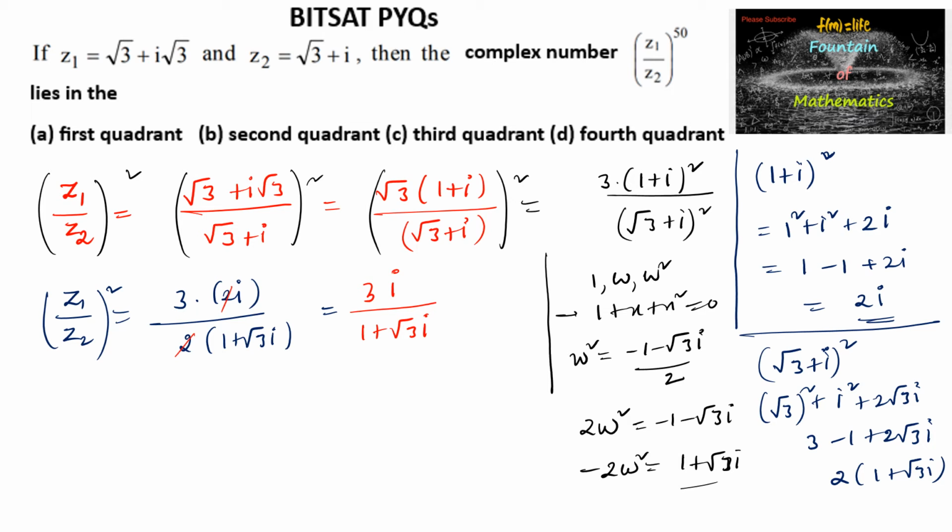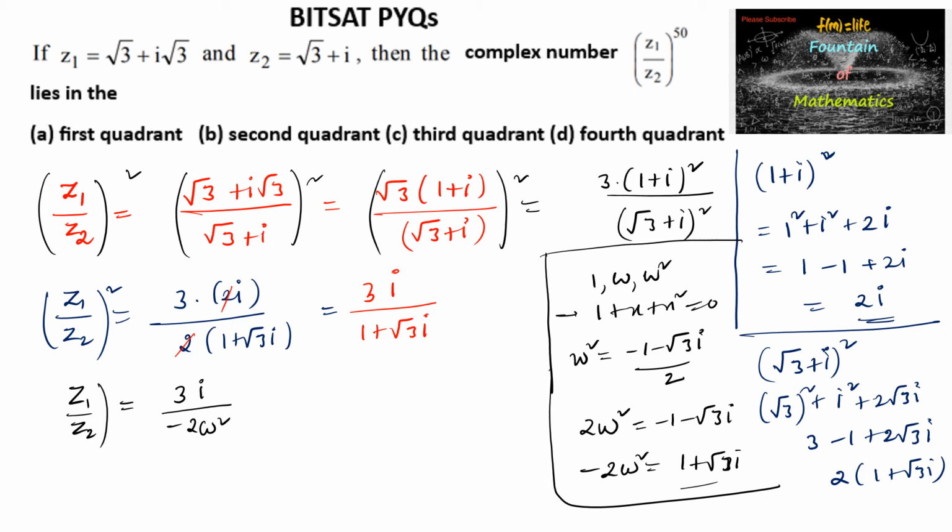So instead of writing 1 plus root 3i, we can also write minus 2 omega square. So I can write here 3 times i divided by minus 2 omega square. This is (z1 by z2) whole square.